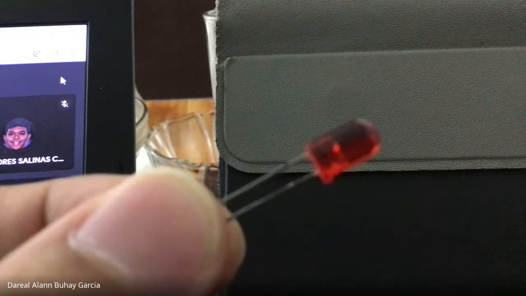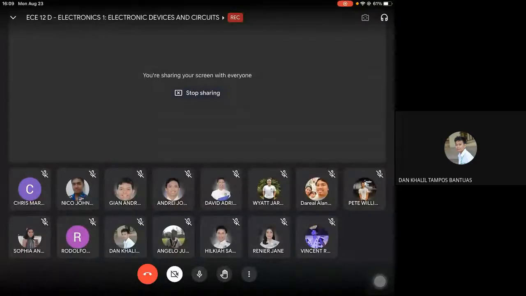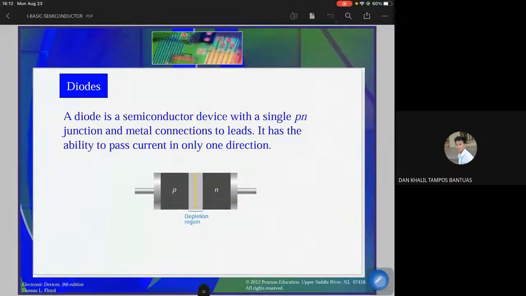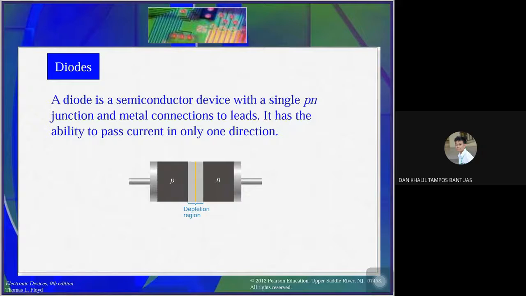So, back to my screen. Can you see the screen that I'm sharing? Yes, sir. Okay. By the way, the main characteristic is on the slide: it has the ability to pass current in only one direction.